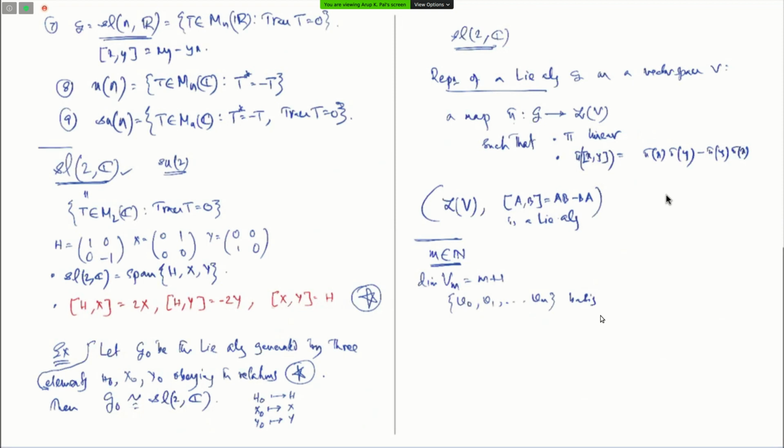Now we want to define a representation of this on it. I'll just write down the operators, but you verify. Okay, so this is for all k between 0 and m.